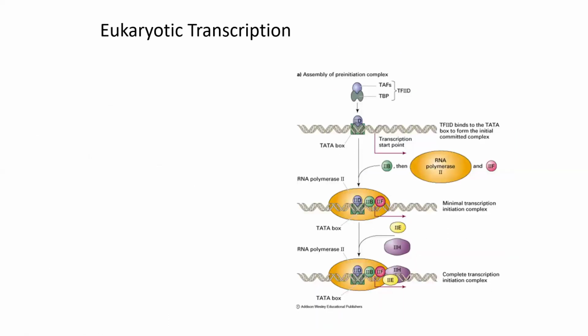Now with eukaryotes, there are the same 3 steps: initiation, elongation, and termination. It starts off with this TATA box here, where it brings in a couple of transcription factors or transcriptional activators where the initiation complex gets formed.